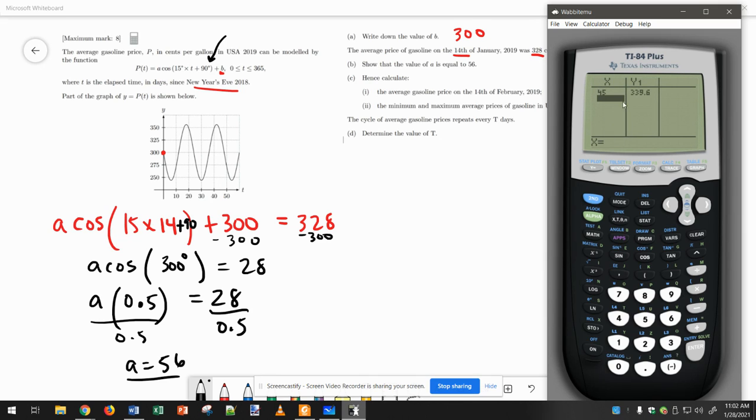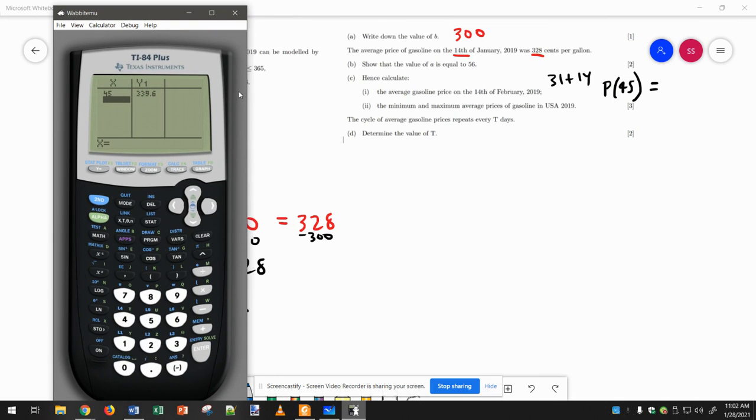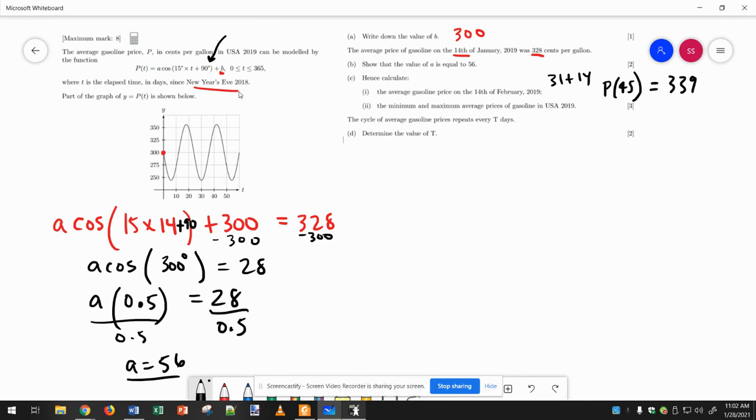Type in 45, there we go, 339.6. Okay, so that's the answer for part C. You could round it to 3 sig figs because it doesn't tell you where to round. So we could write 340 if you want.